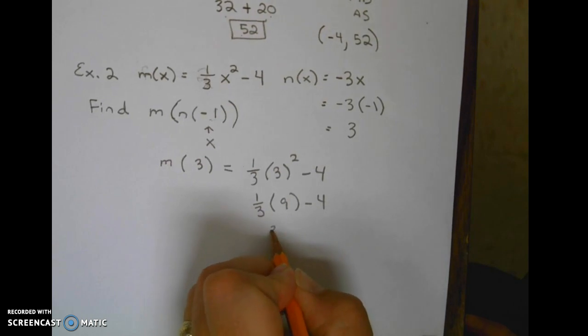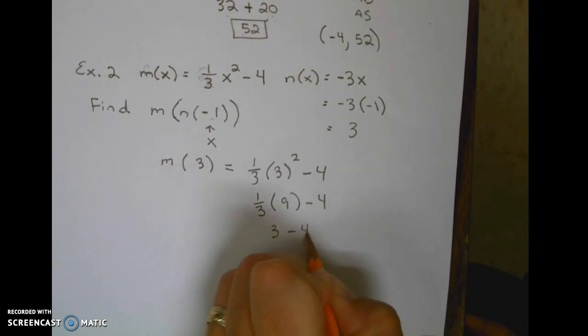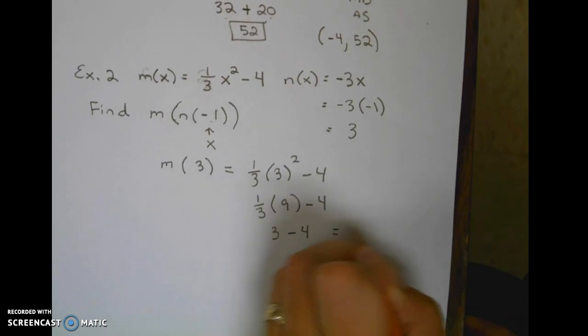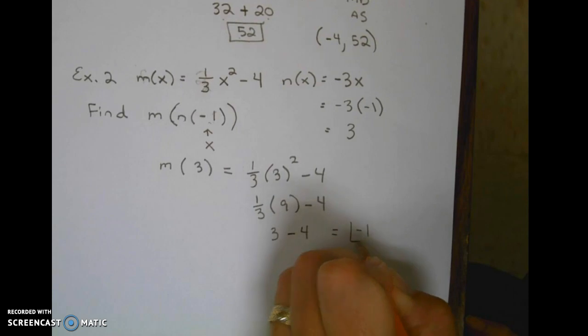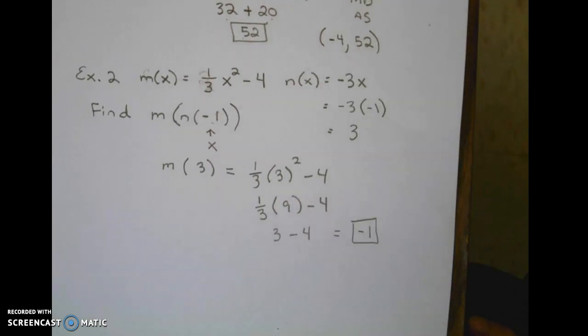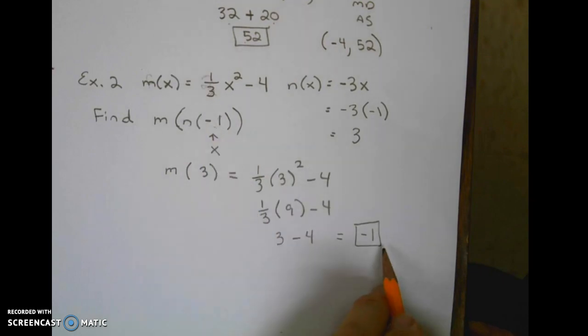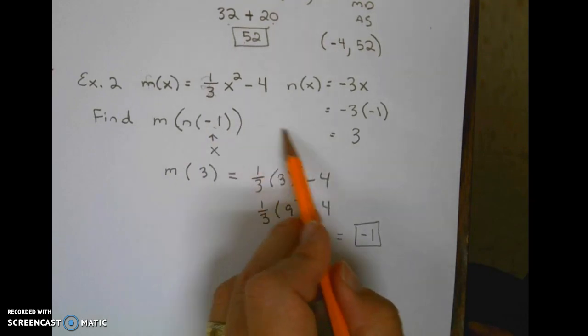A third of 9 is 3. And so our final answer: 3 minus 4 is negative 1. So m of n of negative 1 is equal to negative 1.